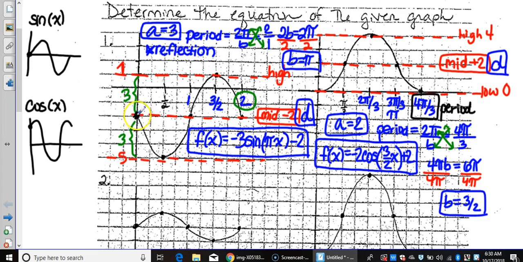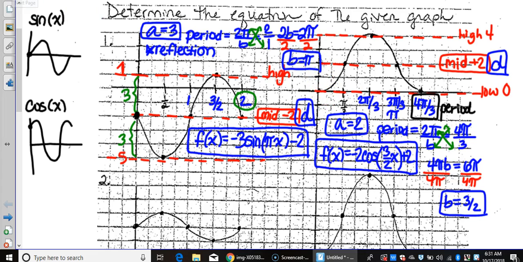So if I look at number 1, the starting value was on the midline because that kind of becomes like the new x-axis, so to speak. Whereas cosine, if I look at number 2, because this was reflected, it's starting at the low. If it hadn't been reflected, the starting point would have been at the high. Either way, though, that's not the midline. That's either the high or the low.